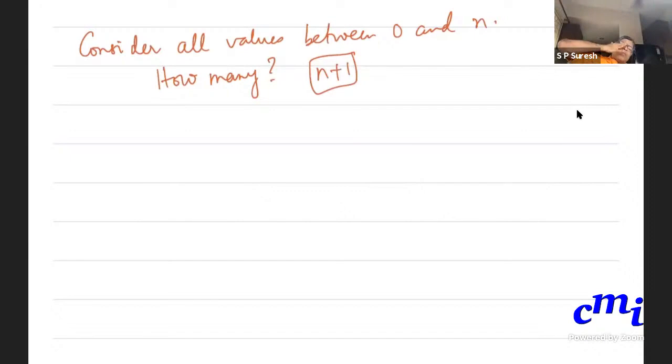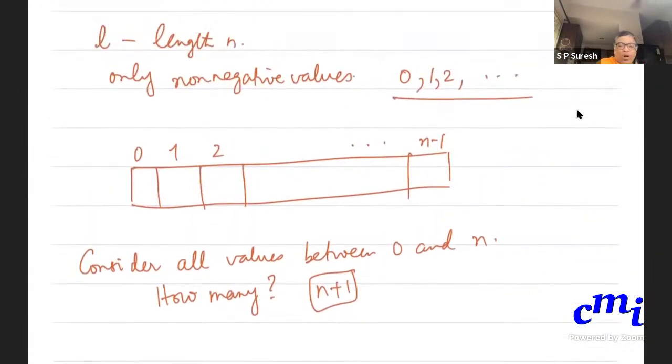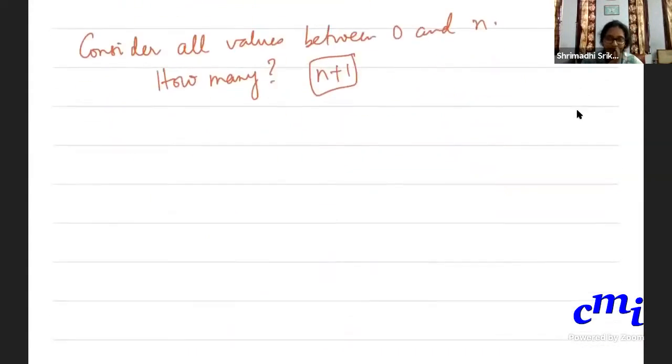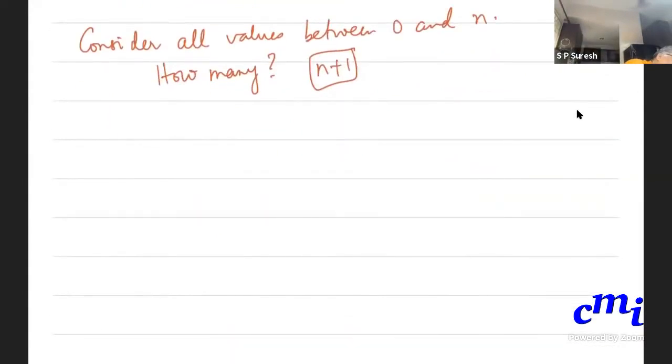In fact, none of them might appear even, because your list elements could all start from n plus 2 for all you know. There is no guarantee of that, but I know for sure that if I consider all the values between 0 and n, at least one will not appear.